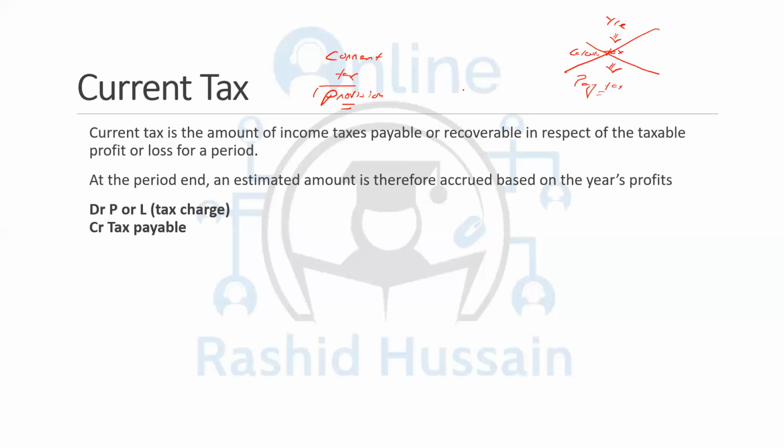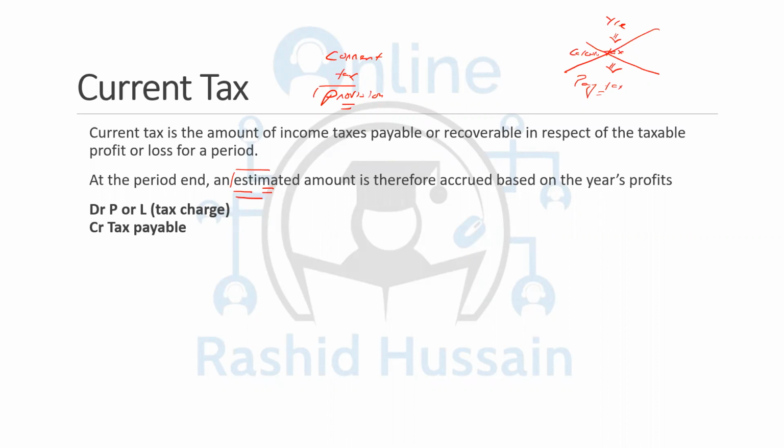So when the taxation authority requires the company to pay the tax in advance, that means you need to estimate your tax, because they are not waiting for the year end for the profits to be calculated and then for you to calculate the tax. They're not waiting for that particular moment. They're just requiring you to pay the tax in advance. When they're requiring you to pay the tax in advance, that simply means you need to estimate your tax.